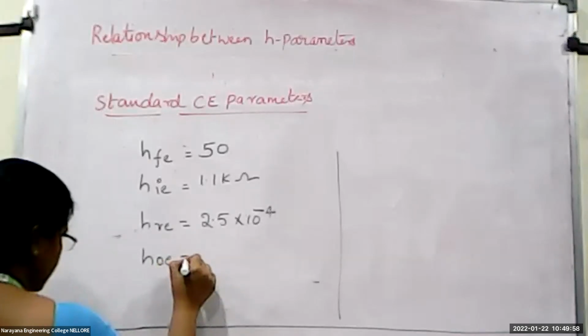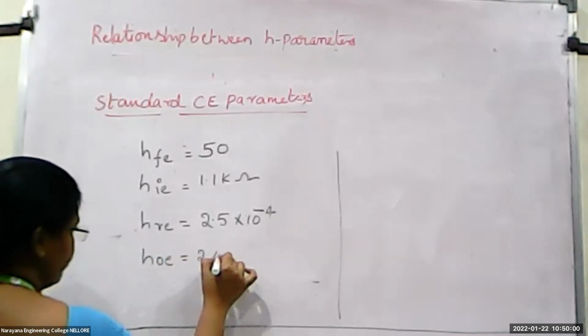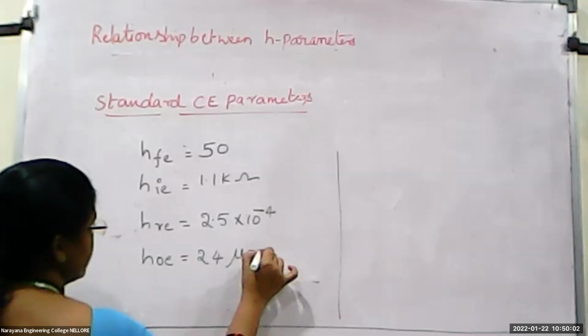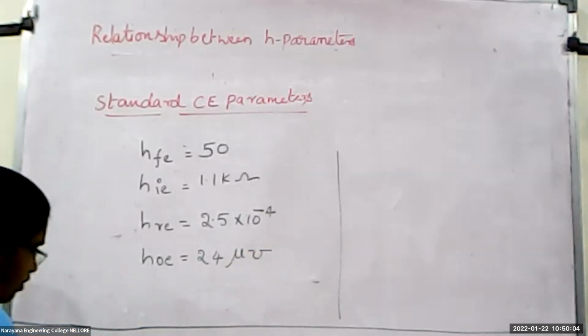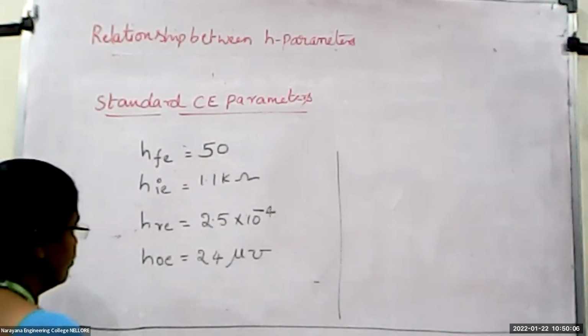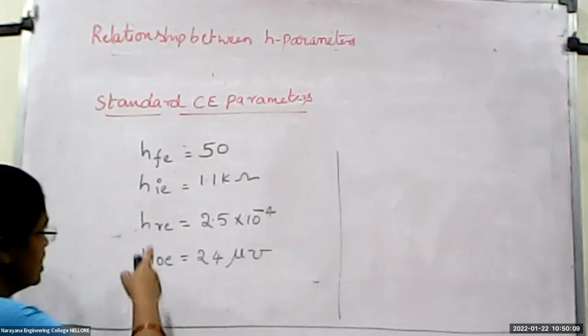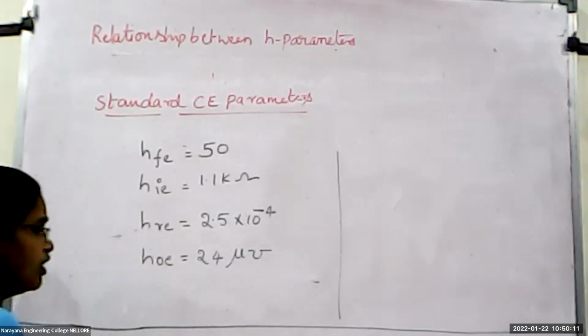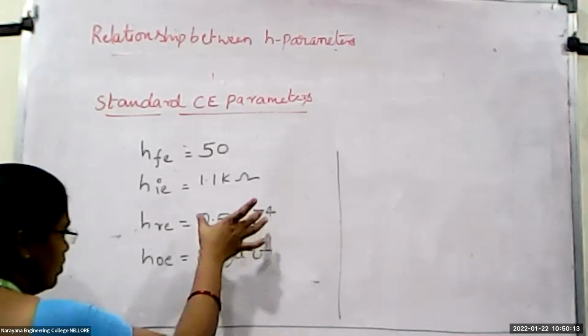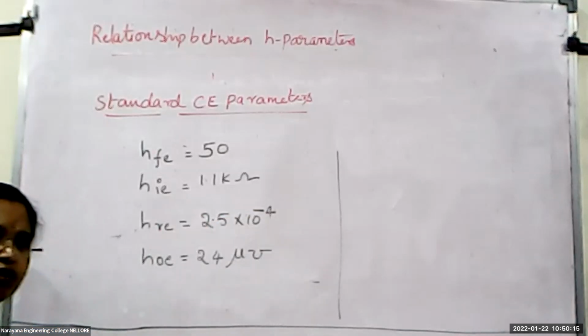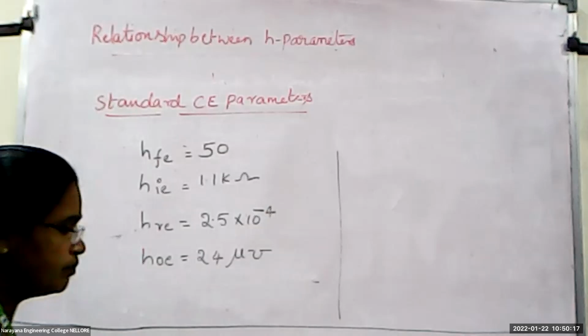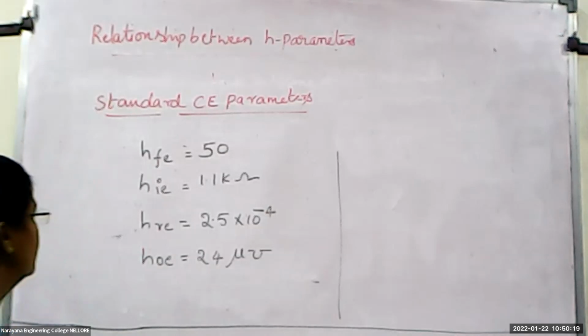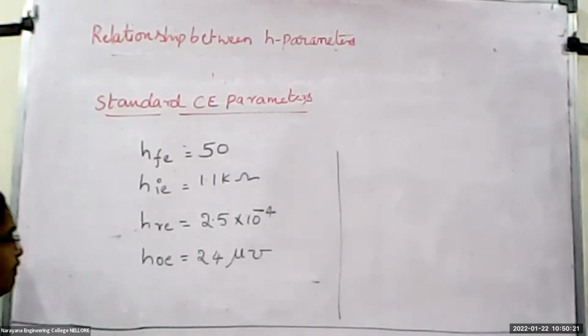HOE is 24 microsiemens. So you have to remember these values also. If they didn't mention HFE, HIE, HRE values in the questions, you have to assume and use these values in problems. Standard CE parameter values.